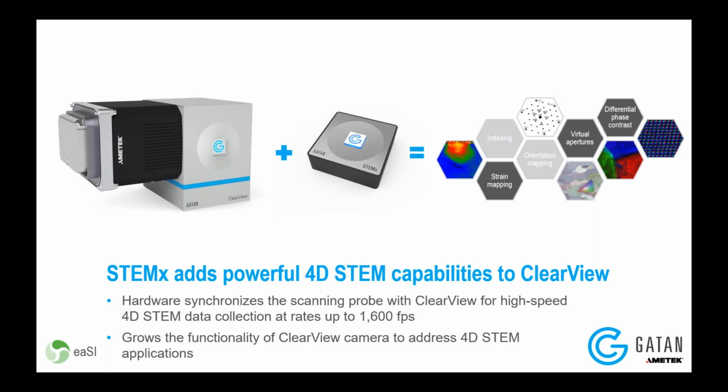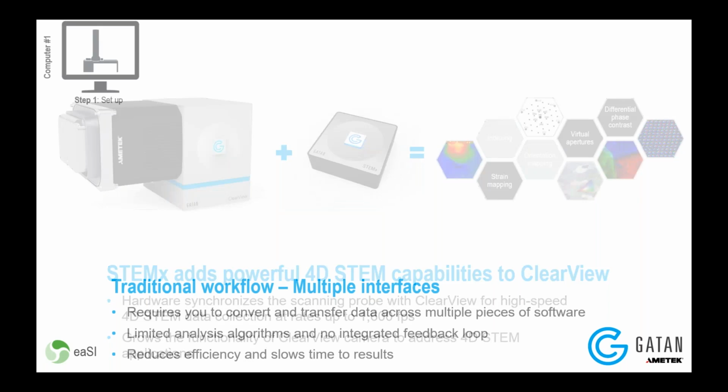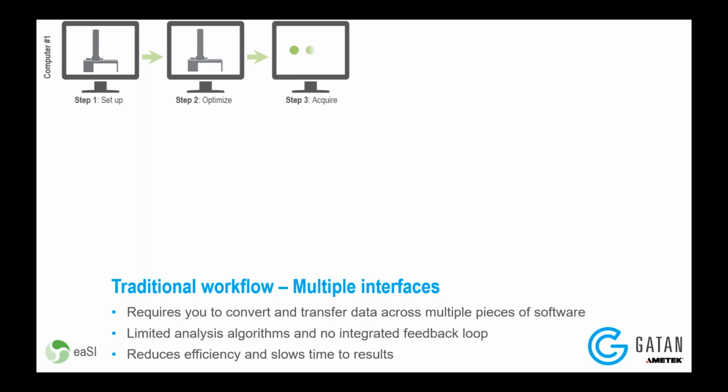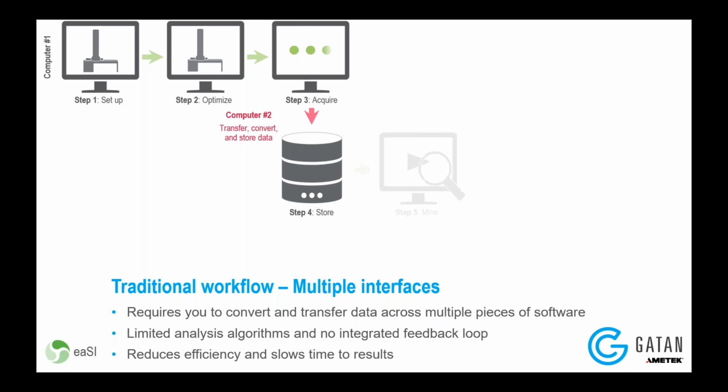These are things that are built into DigitalMicrograph, and you can leverage things like Python scripts directly within DigitalMicrograph as well to do additional types of analysis. By using the StemX system, you get an advantage over a traditional workflow, where without the pairing of the camera with StemX, you have multiple computers and places where you need to do the experiment setup and the data acquisition.